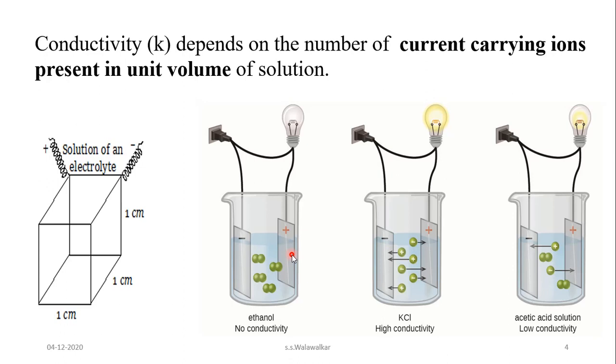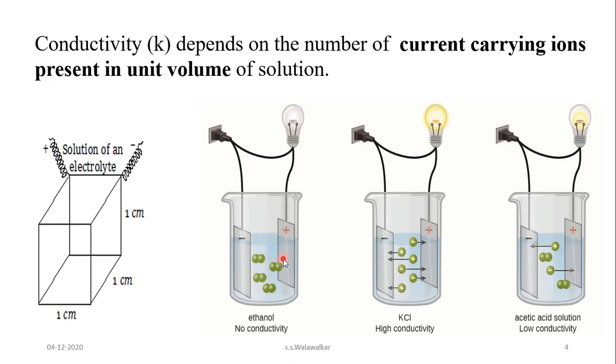So see how. Suppose in all these beakers, the volume is unit volume, that is 1 centimeter cube volume in all these containers. And here, if you take a solution of ethanol, or a solution of urea or sugar, then no current flows through this solution, because these are non-electrolytes, they do not dissociate, and therefore they do not produce ions.